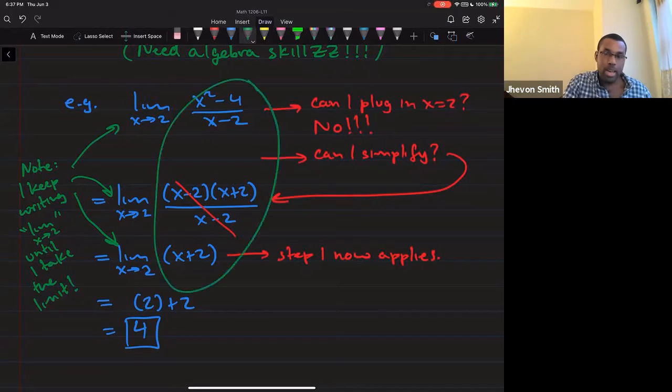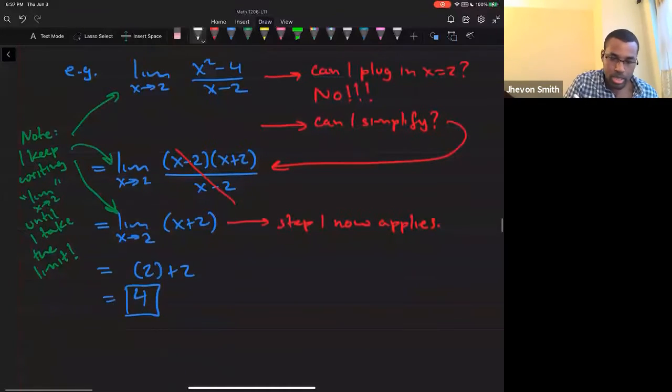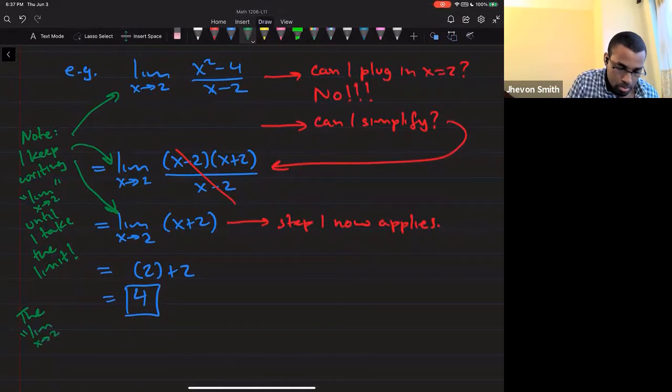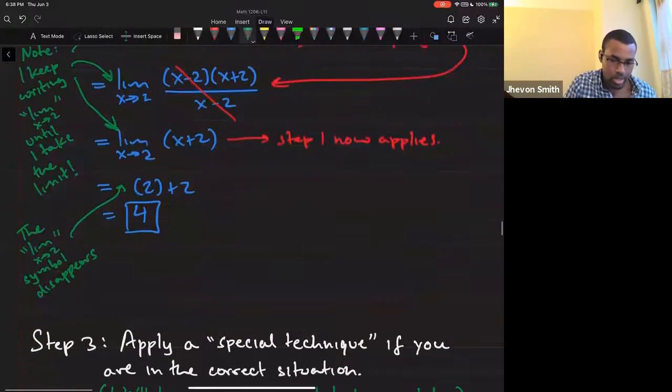While I'm simplifying, the limit sign is there because I didn't actually compute the limit yet. I'm just simplifying to get to a point where I can compute the limit. So I keep writing the limit symbol until I get to a point where I can actually give you an answer. The limit symbol disappears once I'm actually at the point where I can compute stuff and give you an answer.